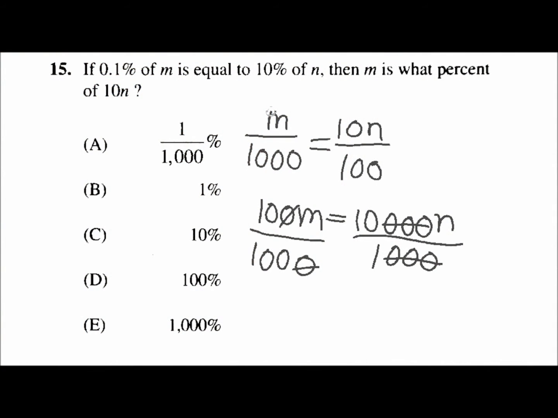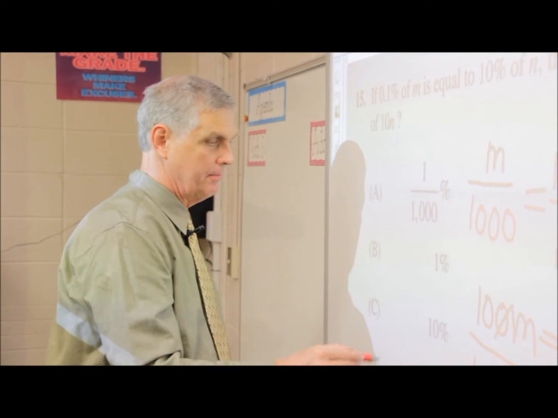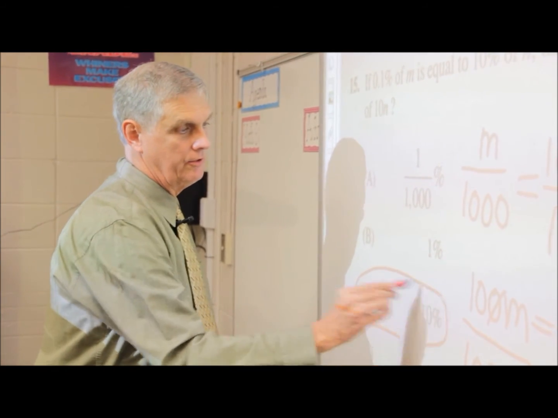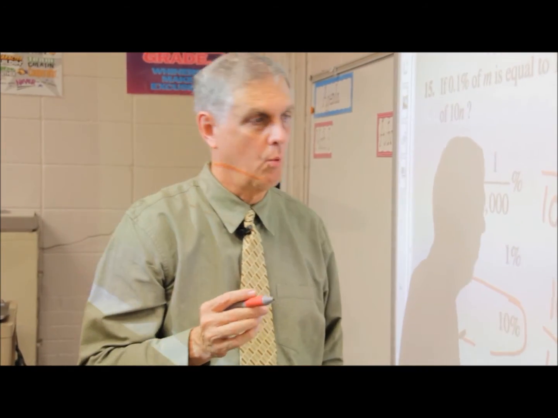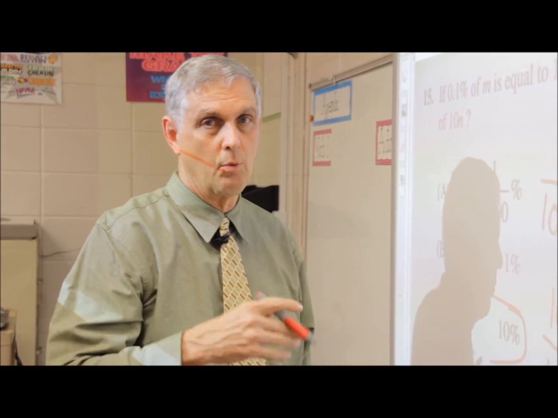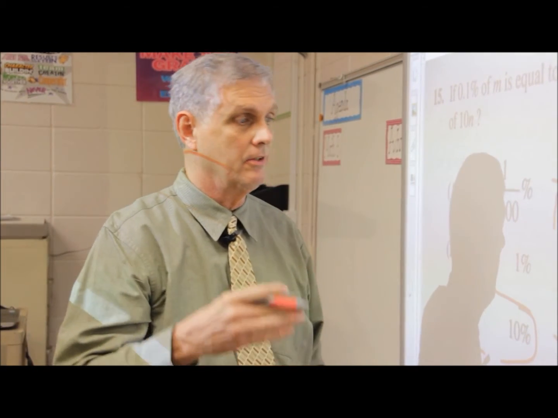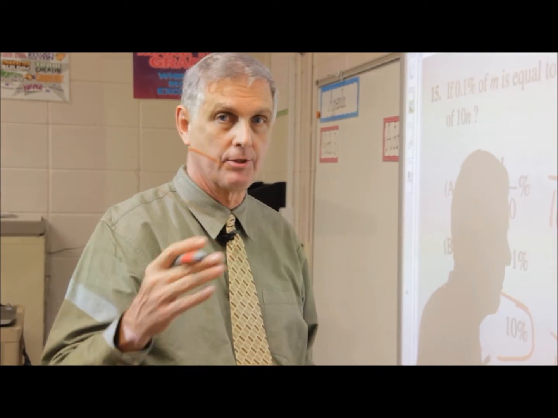So I divide top and bottom by 0. And I get 10 hundredths, which is the same as 10% or C. So you see here, it's very important that you understand how to go back and forth between fractions, decimals, and percentages. Okay, let's take a look at another percentage problem.